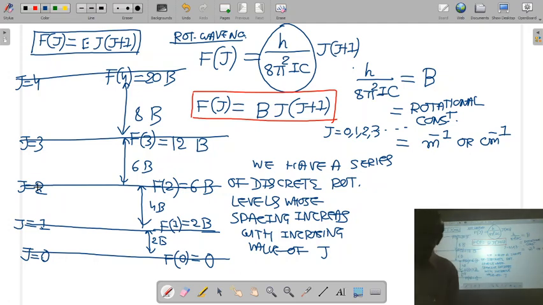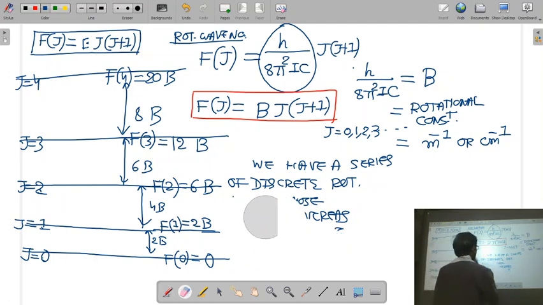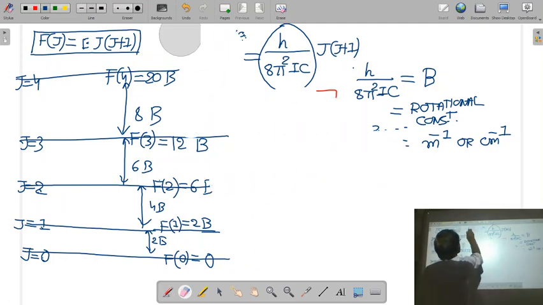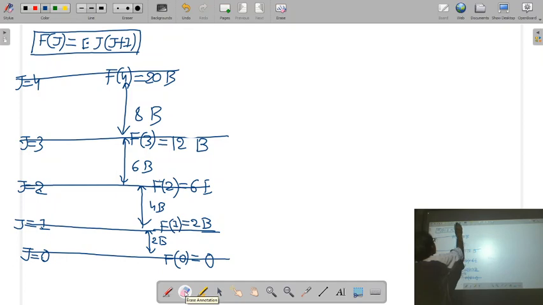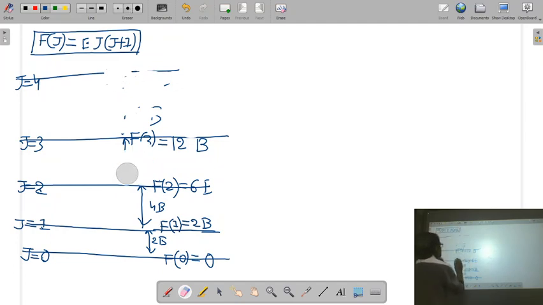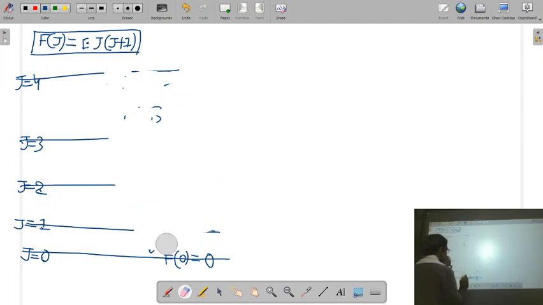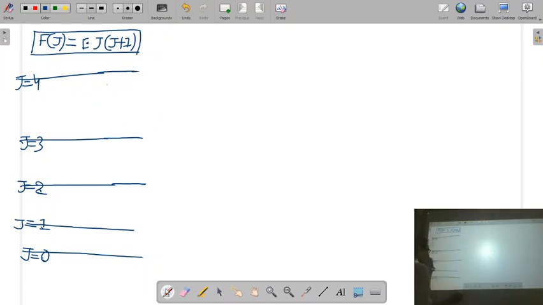Now, in the second part, we will discuss the rotational spectra, which is very important.